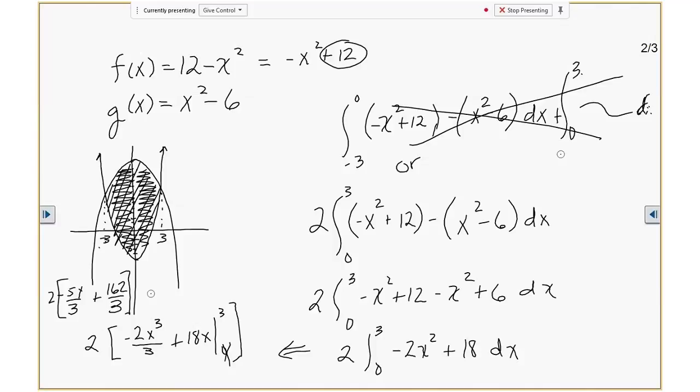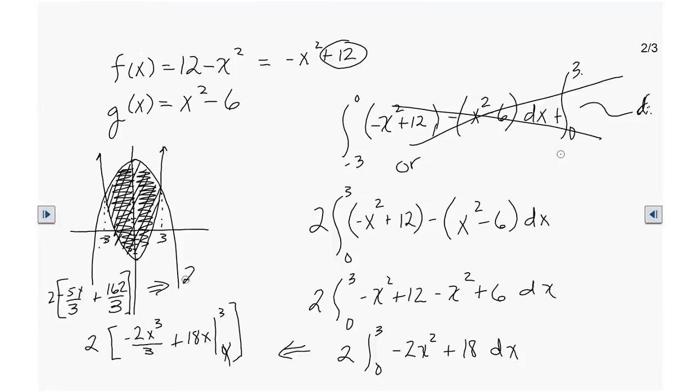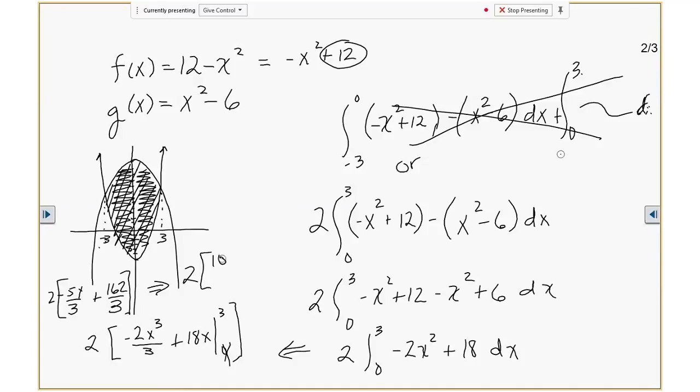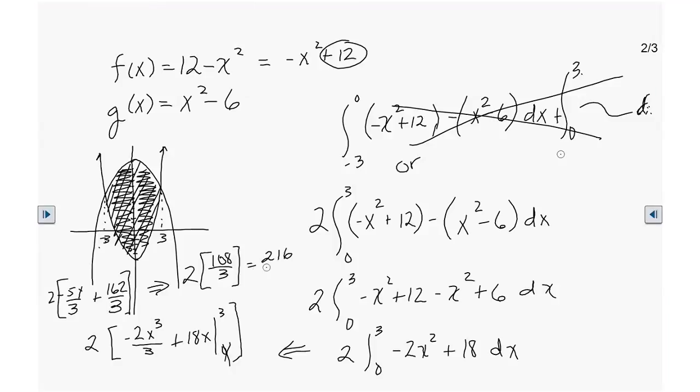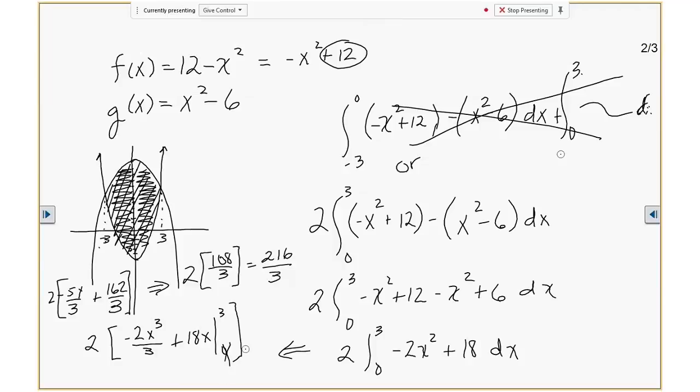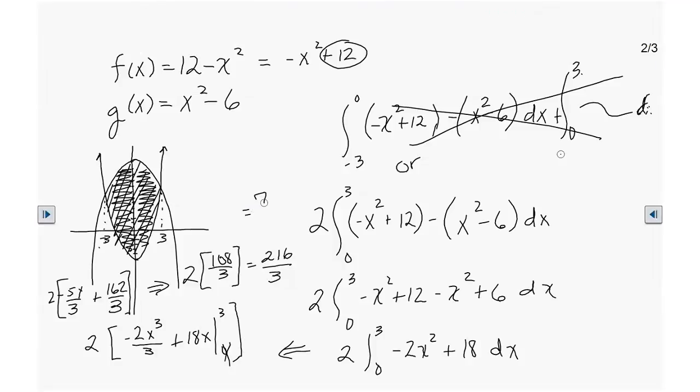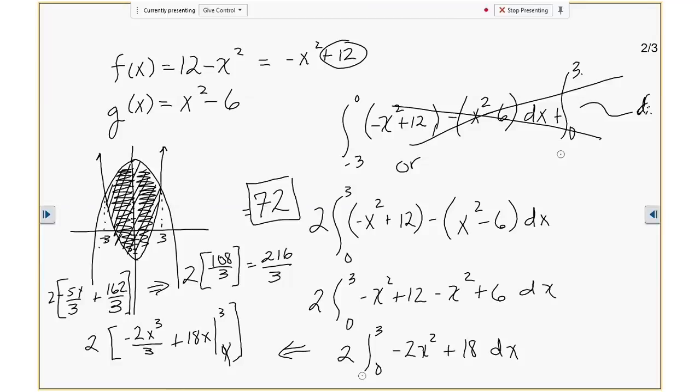So that'd be 2 times 108 over 3. Y'all check the math. Make sure. And then 2 times 108 is 216 over 3, which is 72. Y'all check me. 72 square units.